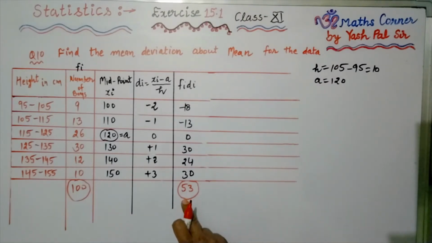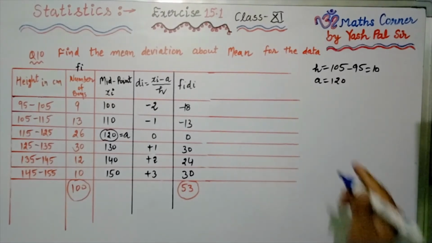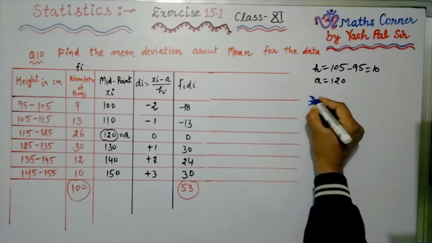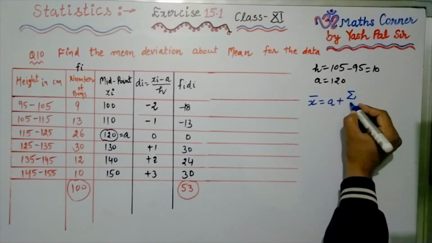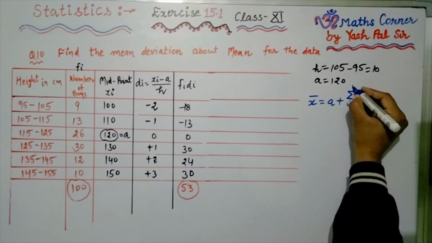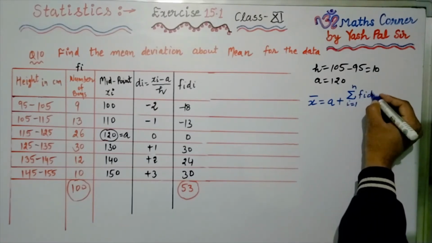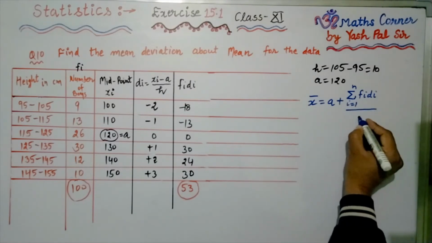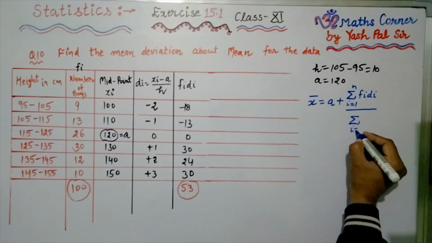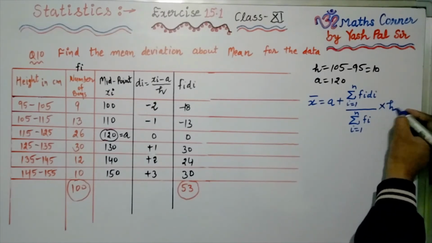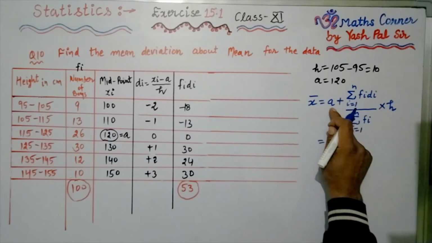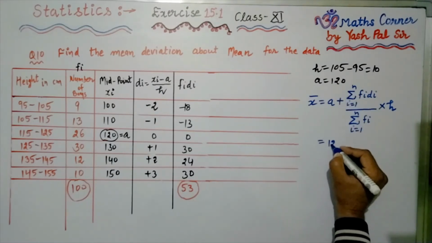Right? Now for what purpose are we finding this sum? Because we are interested to find the mean with the shortcut method. What is the formula? X bar is equal to assumed mean plus summation i equal to 1 to n fi into di, whole divided by summation i equal to 1 to n of fi into h. Right?